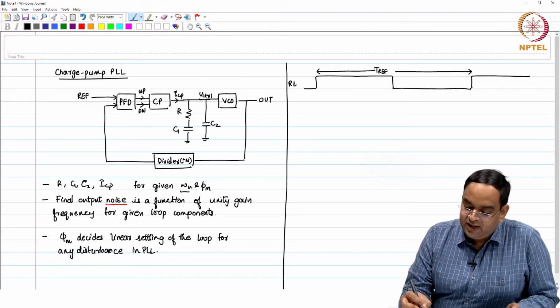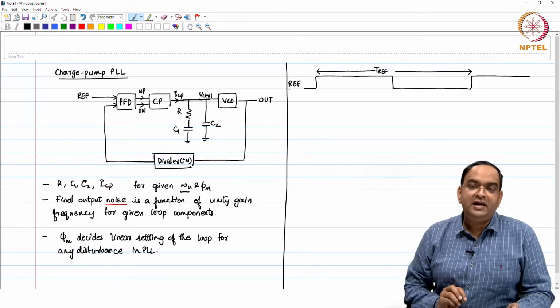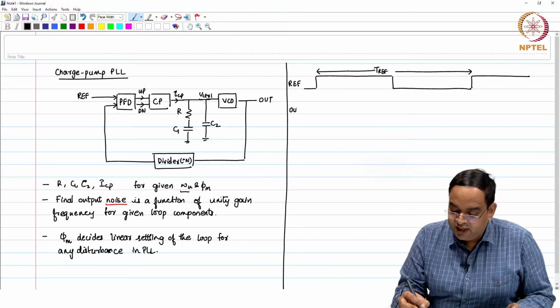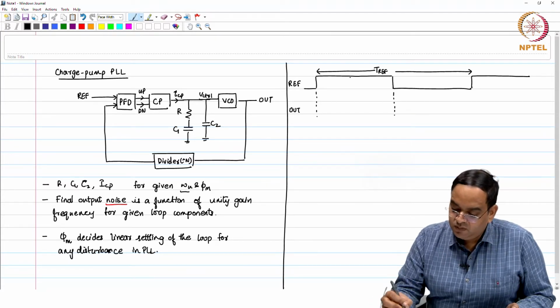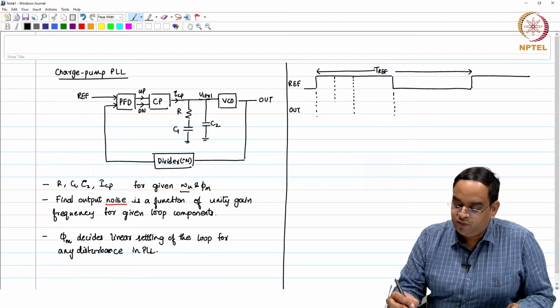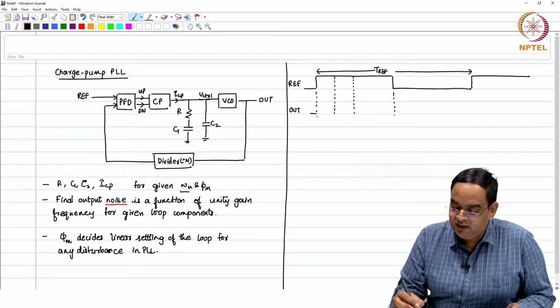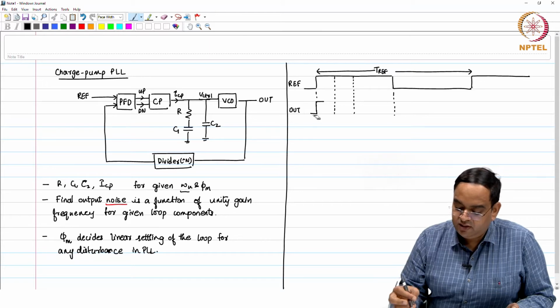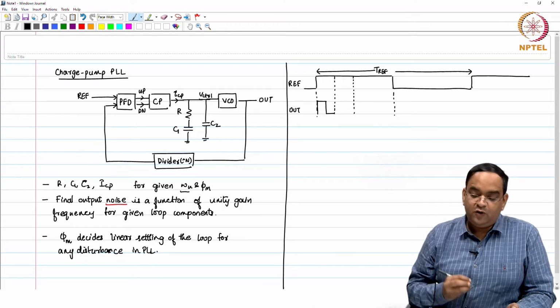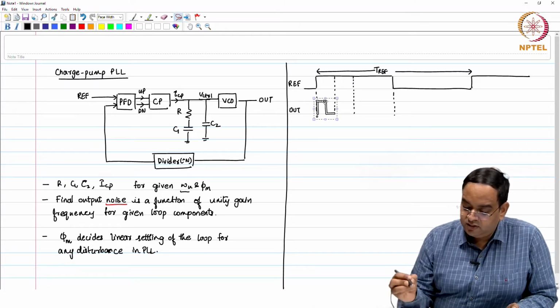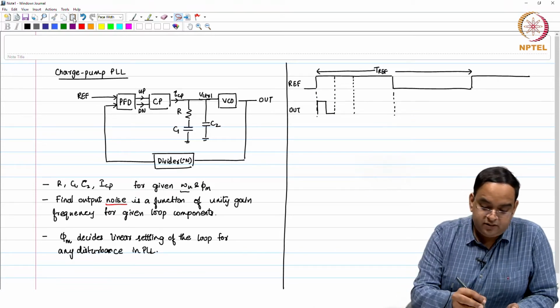And if our output clock is 8 times the reference frequency, then our output clock will be like this. This clock is going to be repeated.